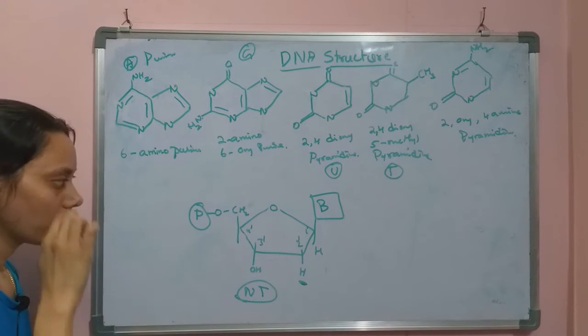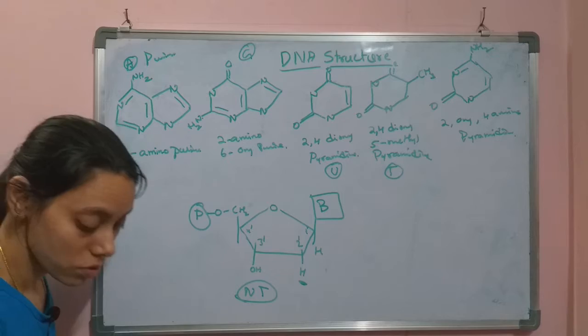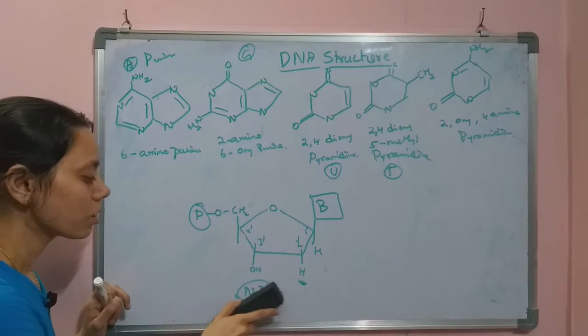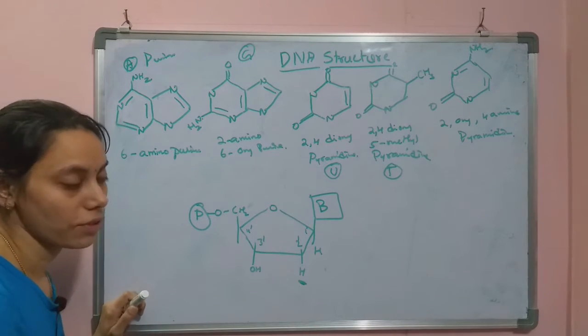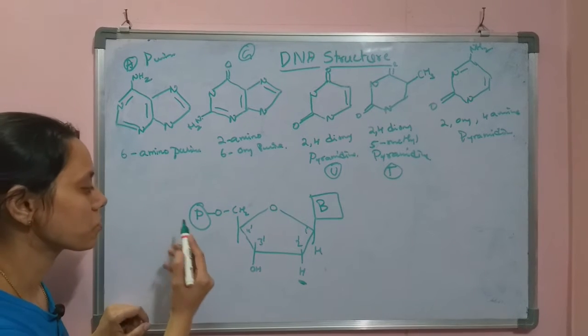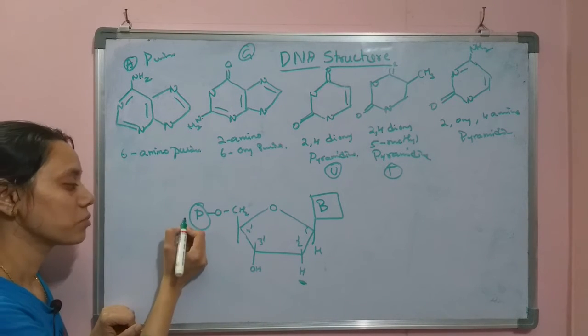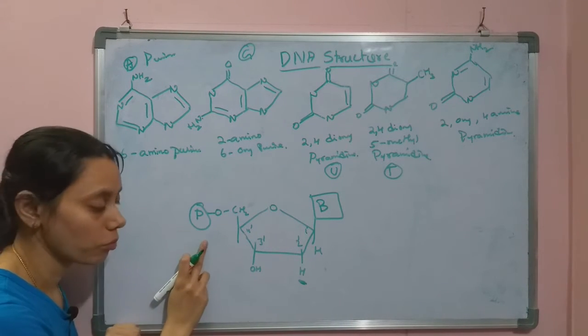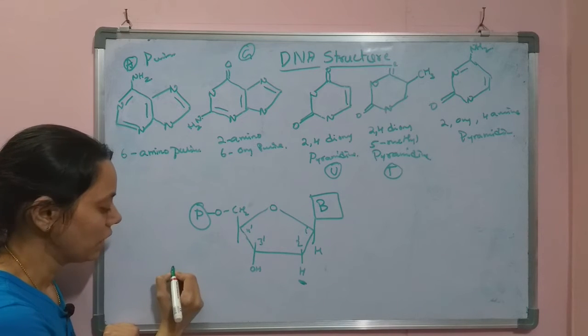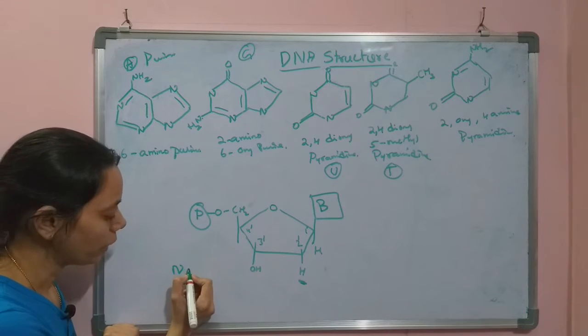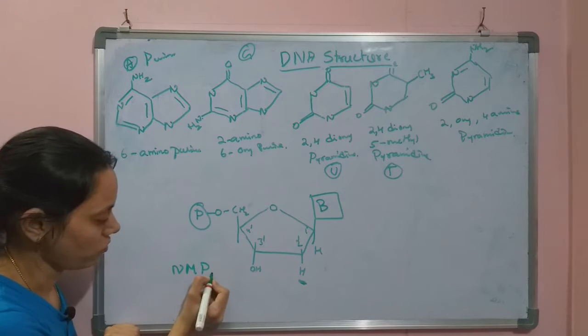So here is how they attach. We also classify nucleotides based on the number of phosphates. If one phosphate moiety is present, then it is a nucleotide monophosphate.